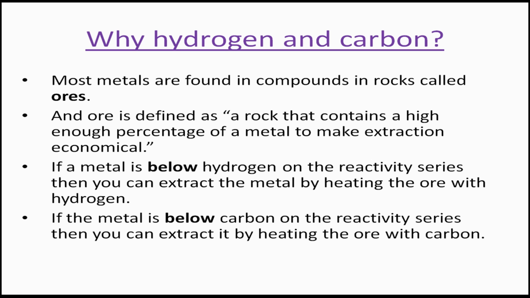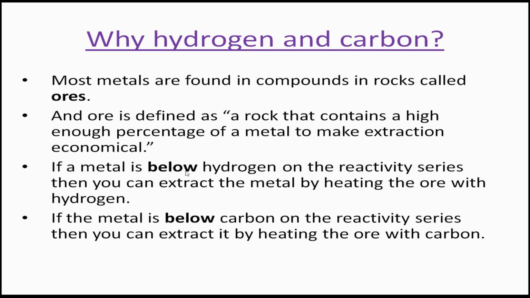If the metal's below carbon, you can extract it by heating the ore with carbon. In fact, even copper isn't generally extracted by heating with hydrogen, because hydrogen is explosive, it's a gas, it's quite hard to get hold of, and it's relatively expensive compared to carbon. Carbon is very, very cheap, so they'll extract copper from its ore using carbon, because carbon is cheaper than hydrogen and easier to manage.